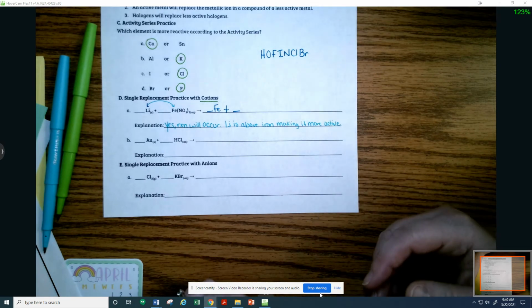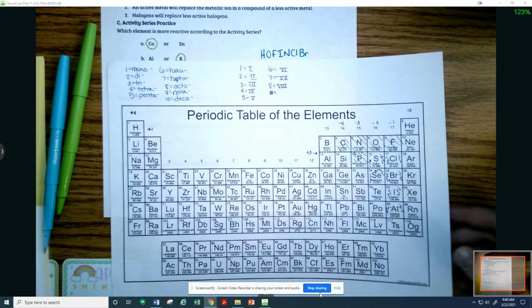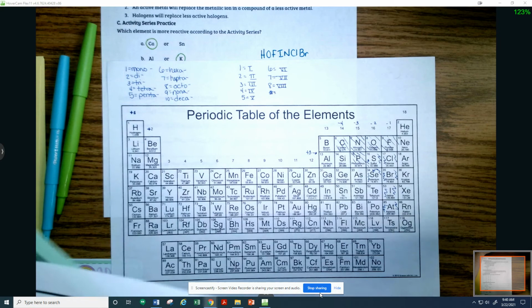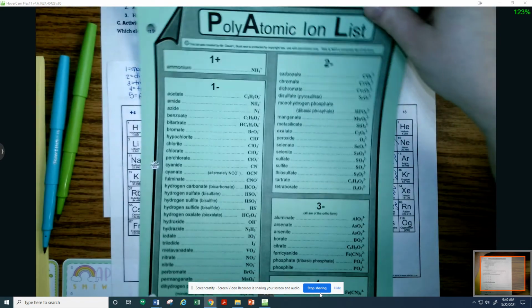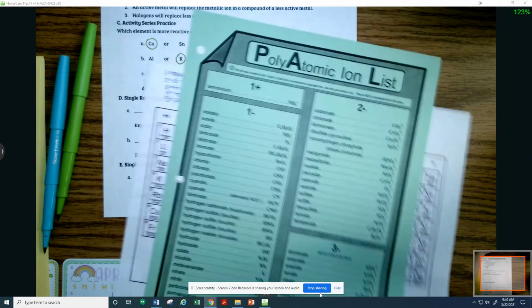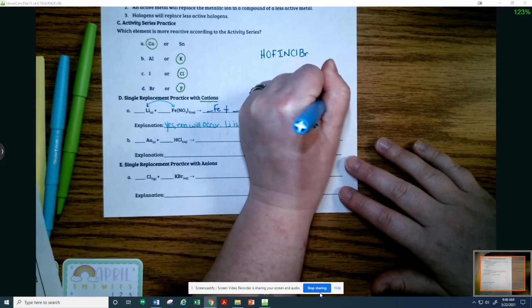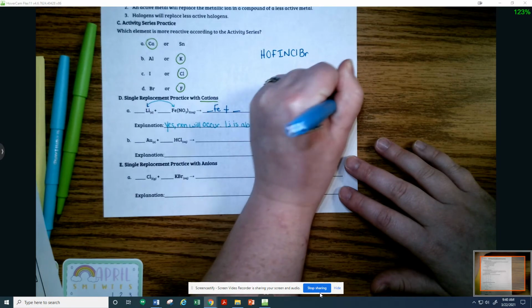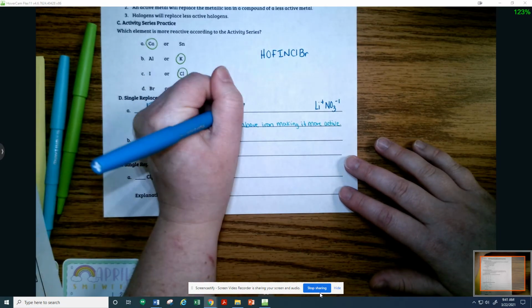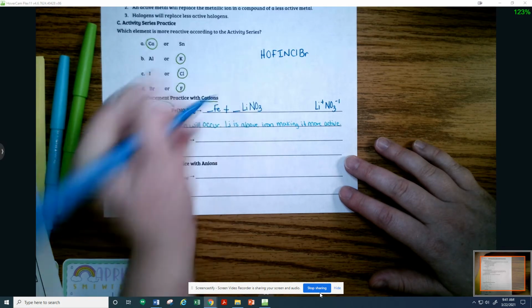When it comes to figuring out our new compound, we need our charges. When you go to your periodic table, lithium is a +1 cation, and nitrate, if you look through our list, is a -1 polyatomic. So to get our compound formula, we have lithium +1, nitrate -1, so no new subscripts and no parentheses are needed, and we get LiNO3.